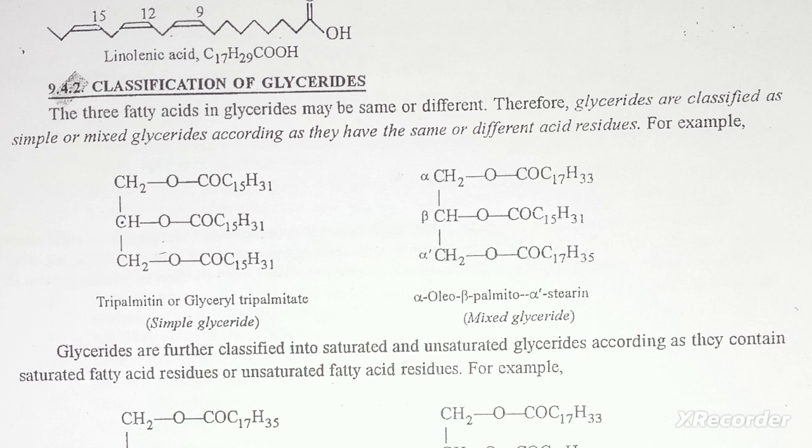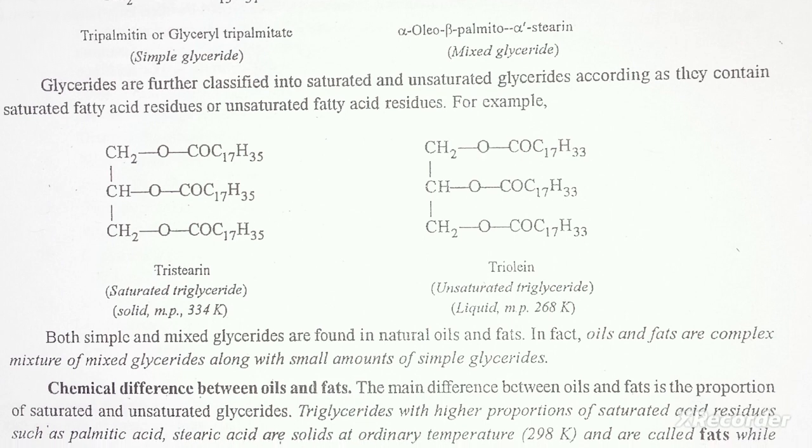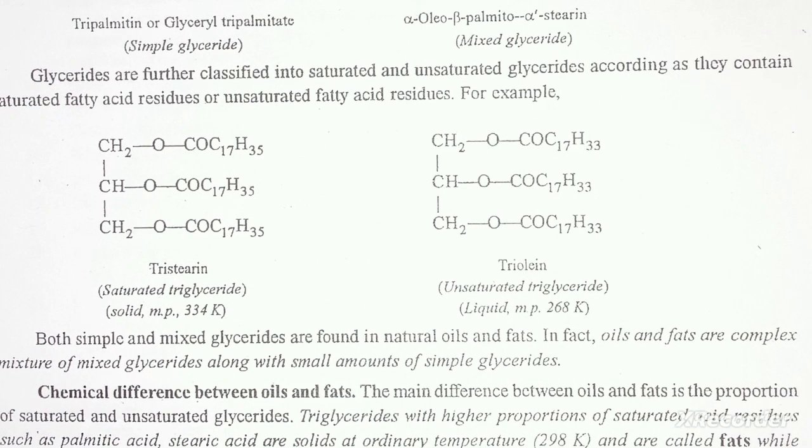Mixed glycerides are further classified into saturated and unsaturated glycerides according as they contain saturated fatty acid residues or unsaturated fatty acid residues. For example, tristearin is a saturated triglyceride and triolein is an example of unsaturated triglyceride. Both simple and mixed glycerides are found in nature, oils and fats. In fact, oils and fats are complex mixtures of mixed glycerides along with small amount of simple glycerides.